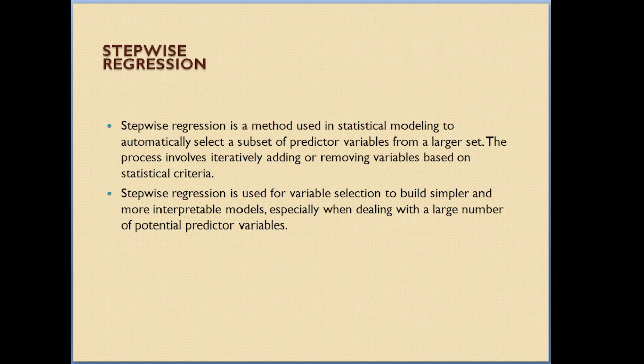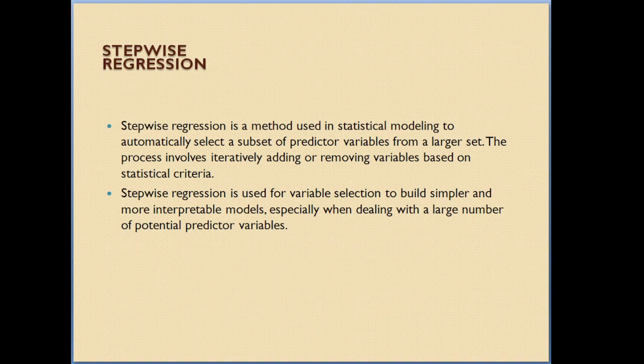So, for a simpler and interpretable model, we use our stepwise regression method. It could create a subset of our larger set, and add or remove variables which are required based on our criteria.